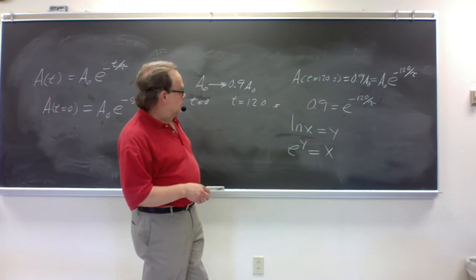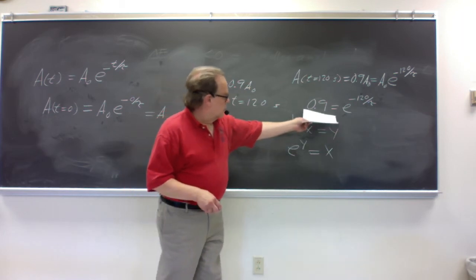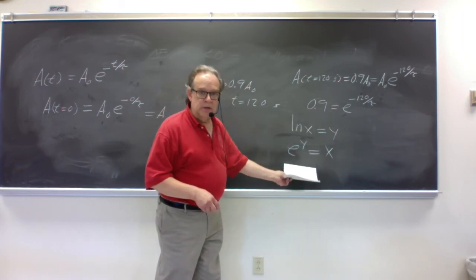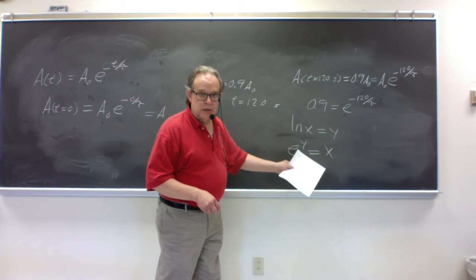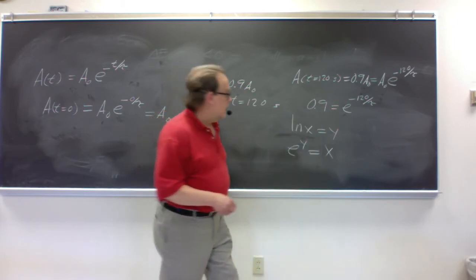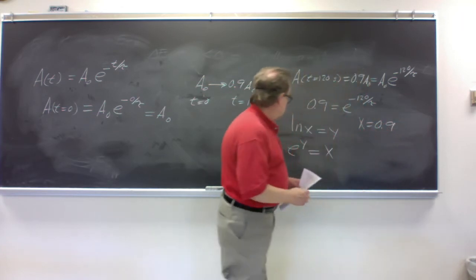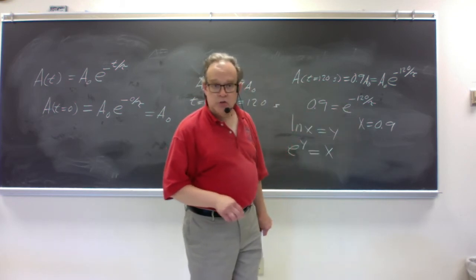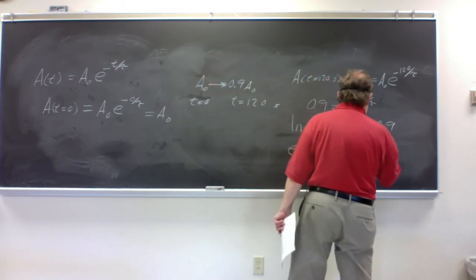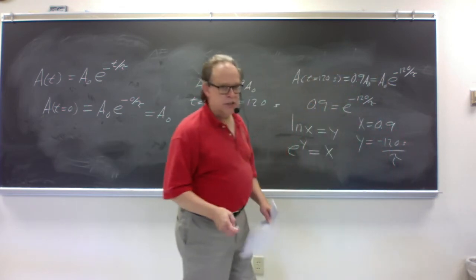Okay, so right here we have an equation in this form, right? In this case, the thing that corresponds to x is 0.9, and the thing that corresponds to y is minus 120 over tau. So that's x and y.